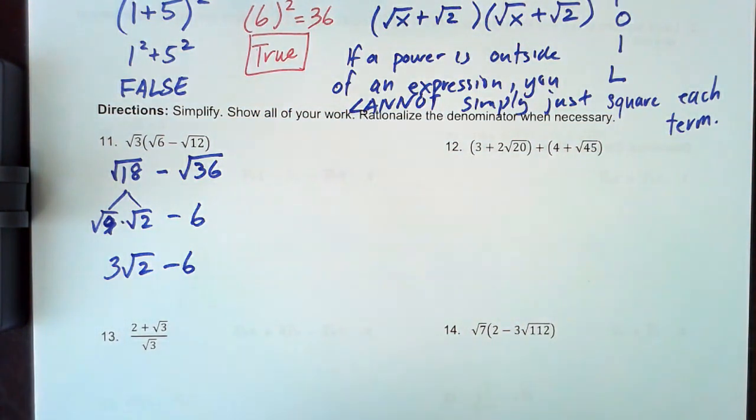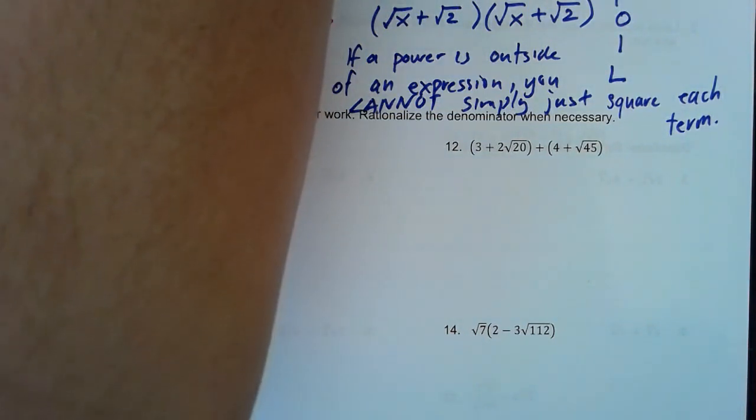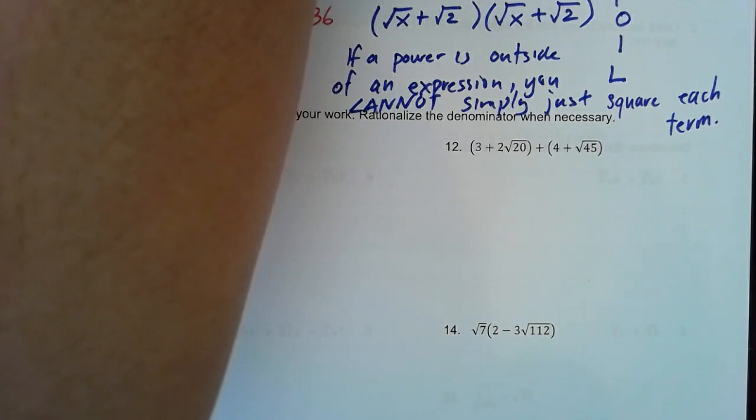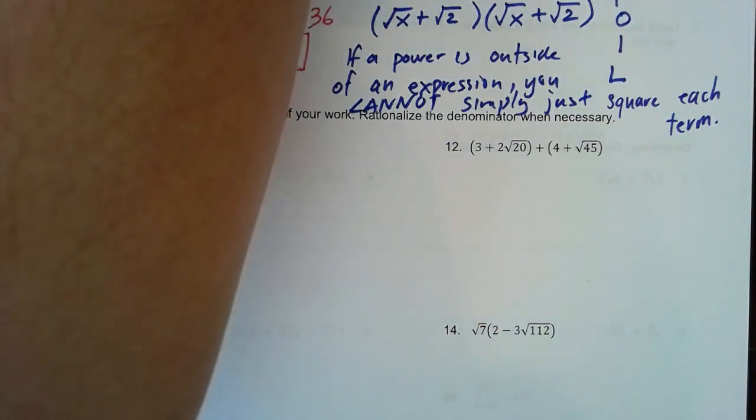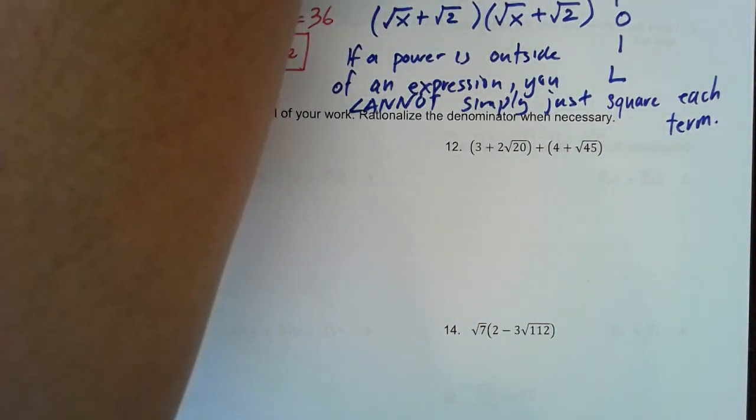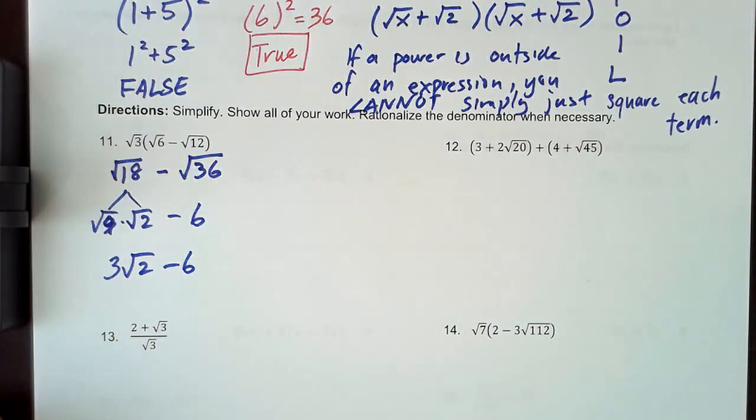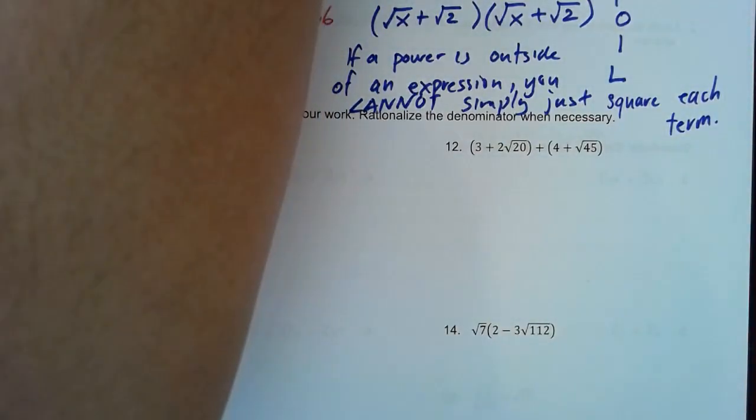I'm going to go ahead and quickly Google something right now and see. Do rational numbers have to be placed before irrational numbers in standard form?